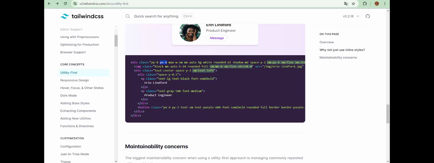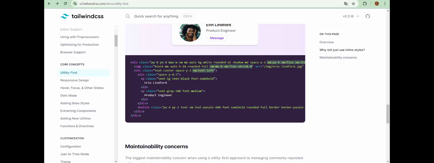PY-8 is padding vertical and padding horizontal.